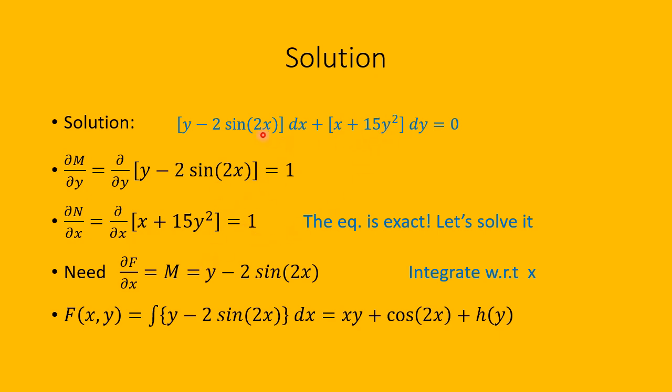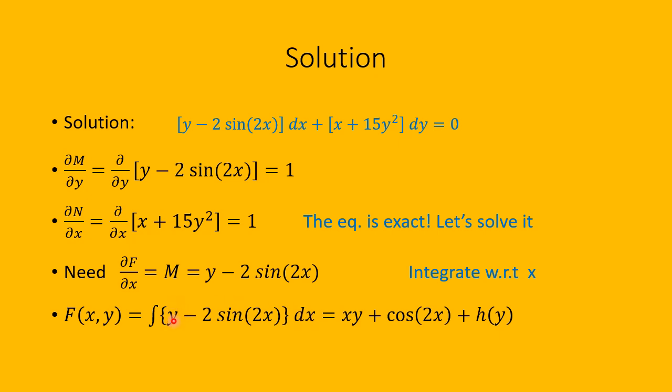So let's start with the first condition on M. If we want the partial of f with respect to x to equal M, which is y minus 2 sine 2x, let's integrate both sides of this equation with respect to x. So f of x, y then is the integral of y minus 2 sine 2x dx.